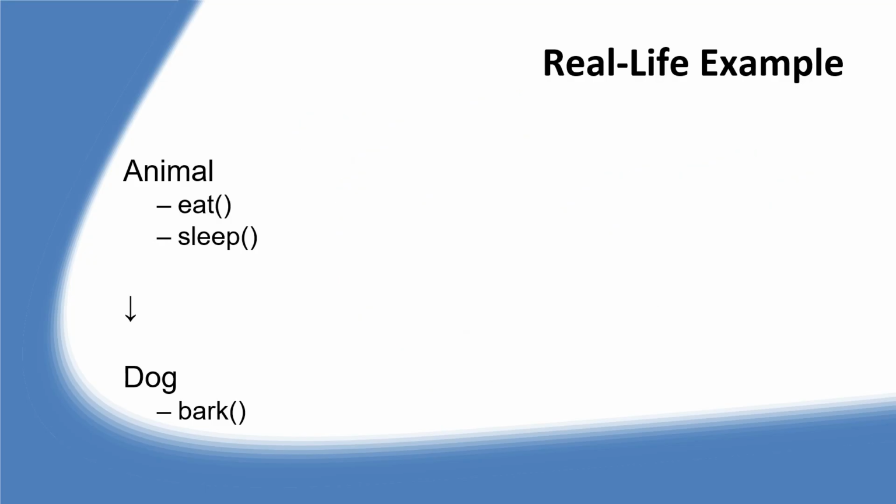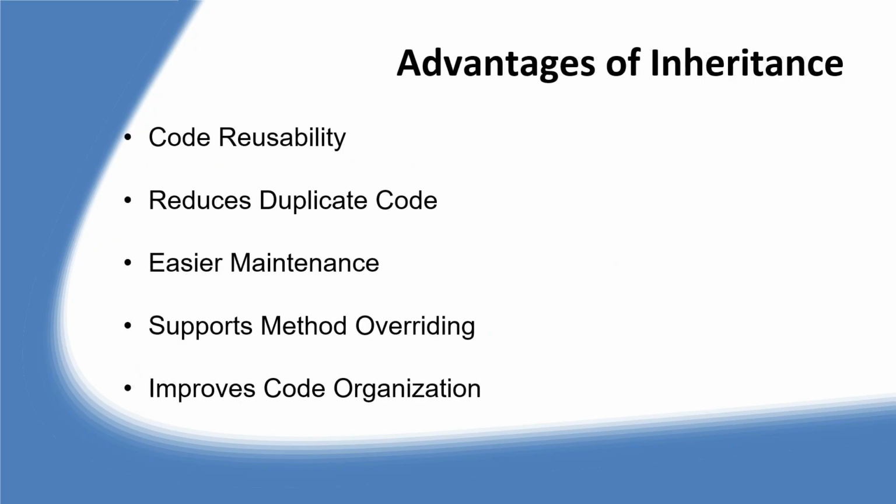Now we will see the advantages of inheritance. Inheritance provides several advantages. What? It reduces duplicate code. Code reusability we have seen just now. We are not redefining the property and behavior of the parent class inside the child class.